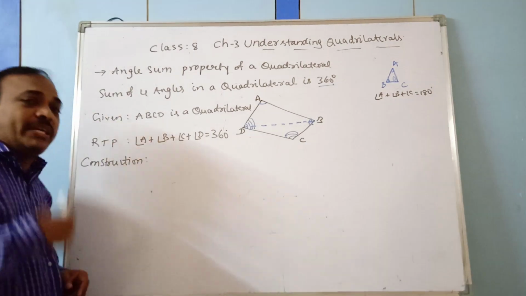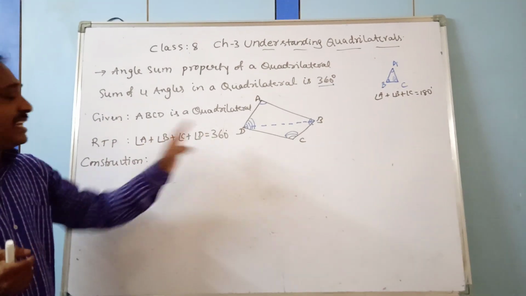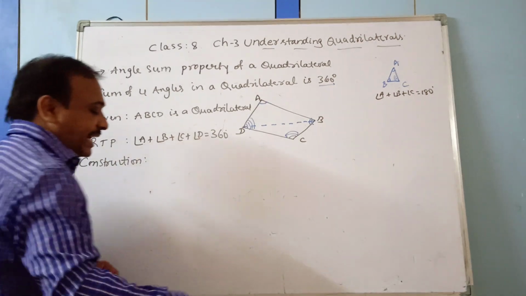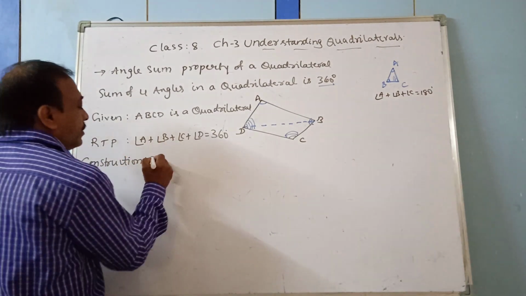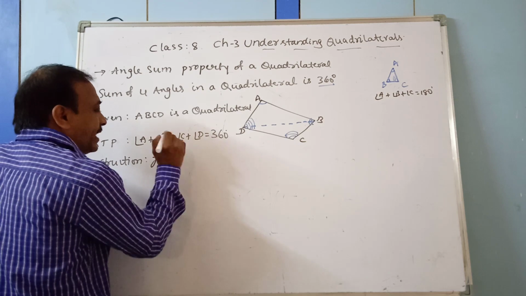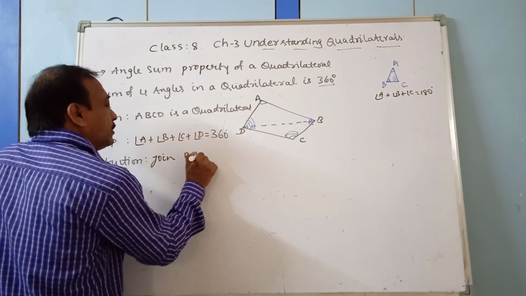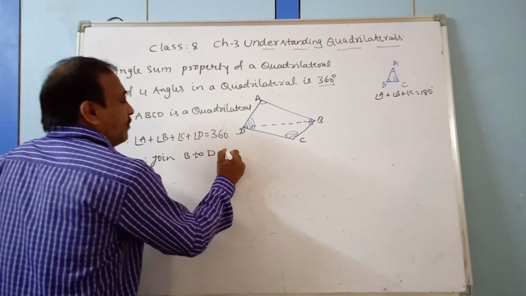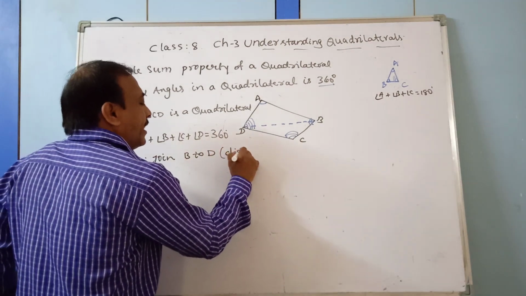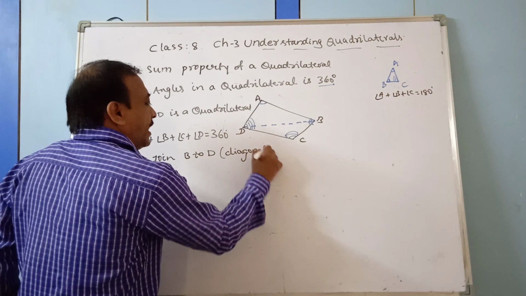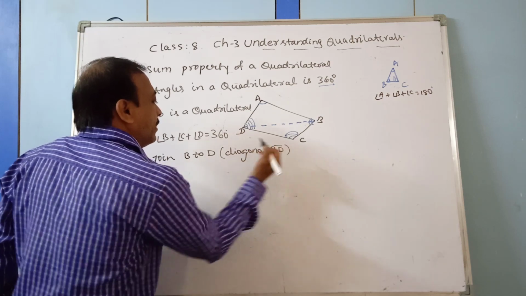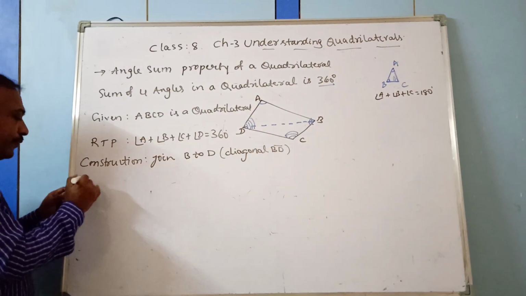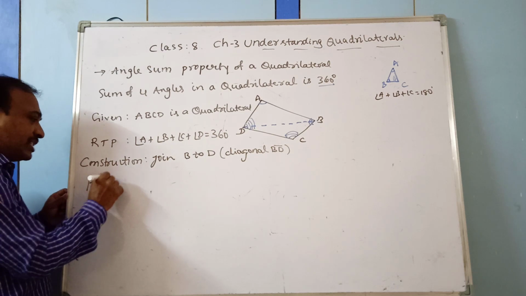Now to prove that mathematically: construction, join B to D, or D to B, which is called the diagonal.